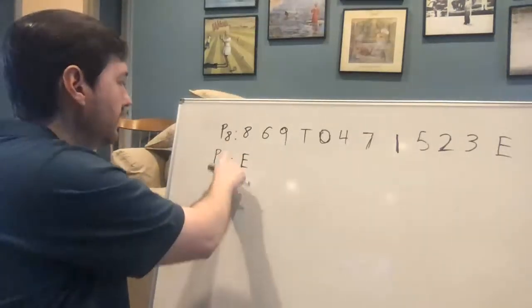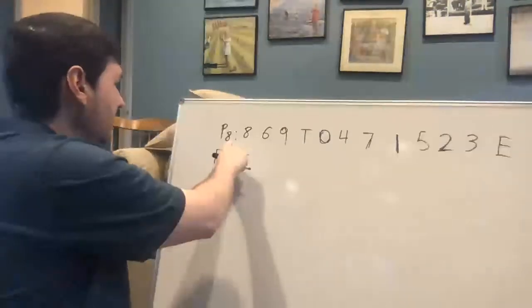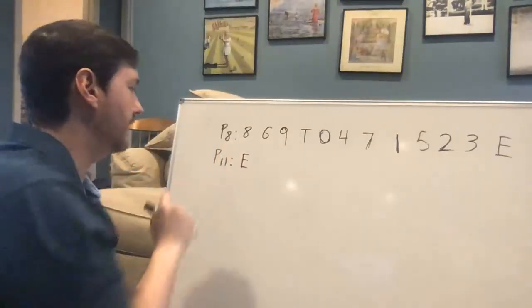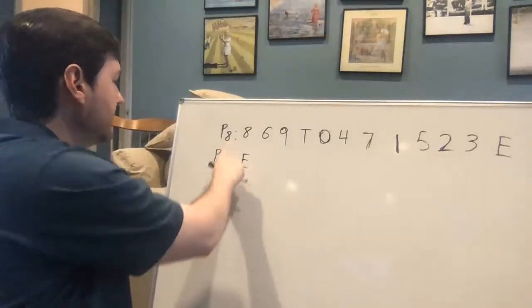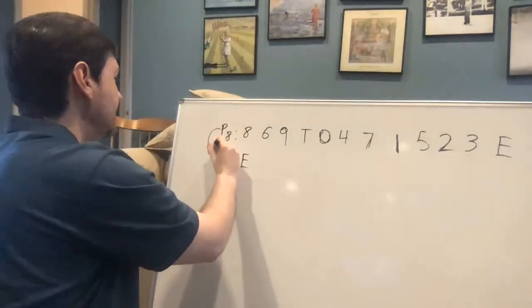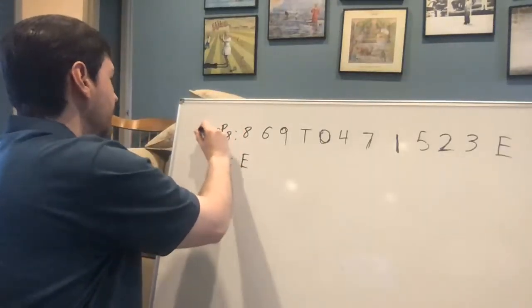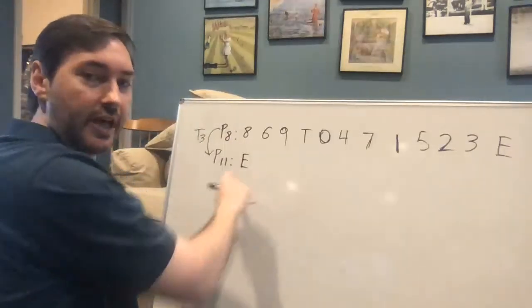And luckily, this is where our labeling system is very handy. The number that we write in this spot will allow us to easily figure this out. So P8 to P11 stands to reason that that's going to be a T3 transposition, right? 8 transposing to 11.